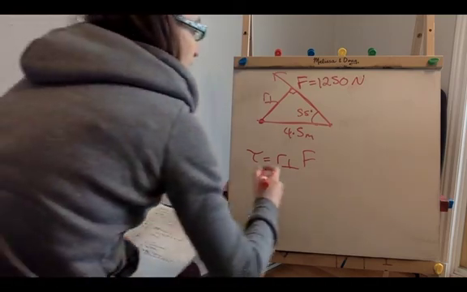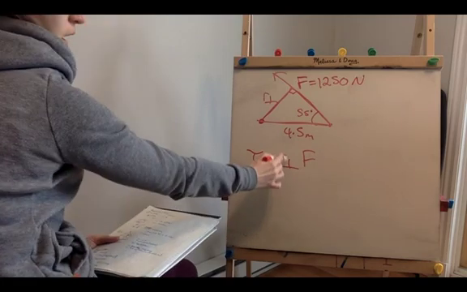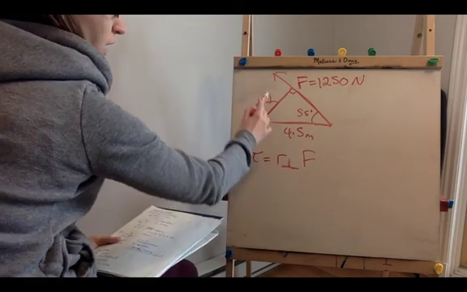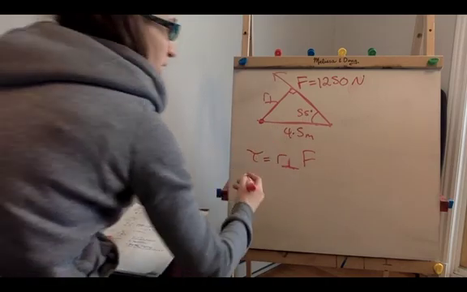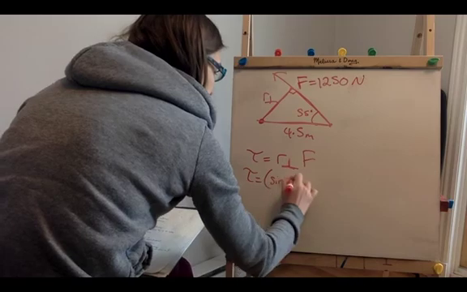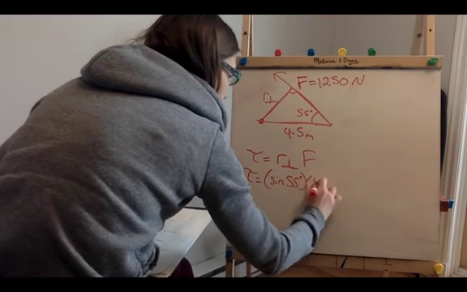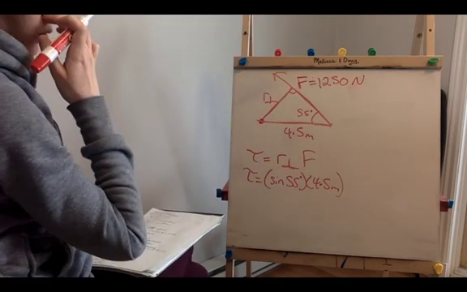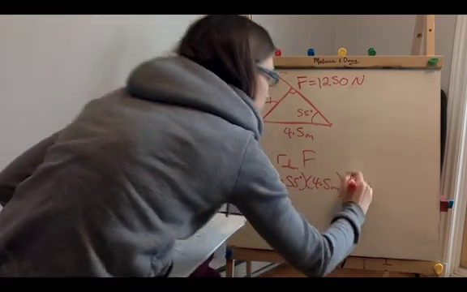basic trig and determine that the lever arm perpendicular to your force is going to be found by taking the sine of 55 multiplied by 4.5 meters. So sine of 55 degrees multiplied by our 4.5 meters, and then that can be multiplied by that force of 1,250 newtons.